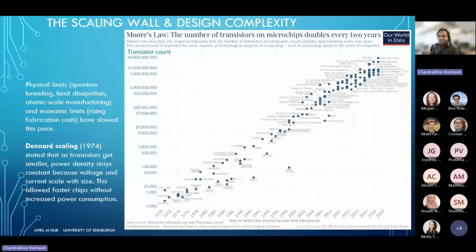And if we see an example of last year's advancement in technology, NVIDIA showcased the B100 GPU, and that is an example of pushing the boundaries. It packs around 200 billion transistors, achieved by combining two reticle limit dies, and this happened for the first time in history that two reticles were combined together.